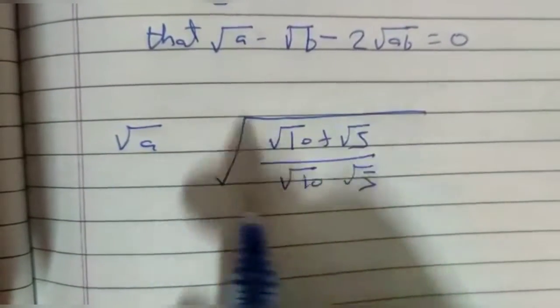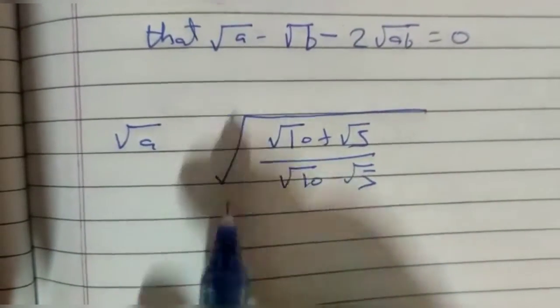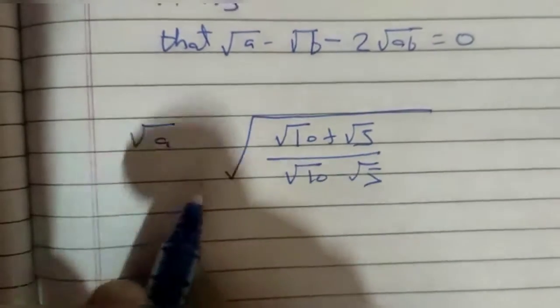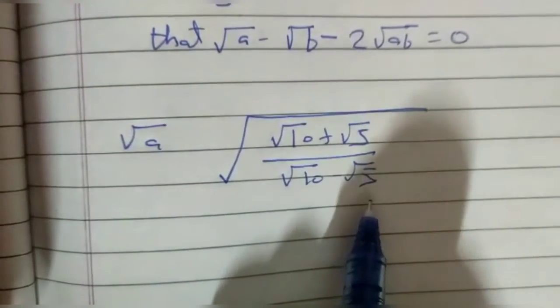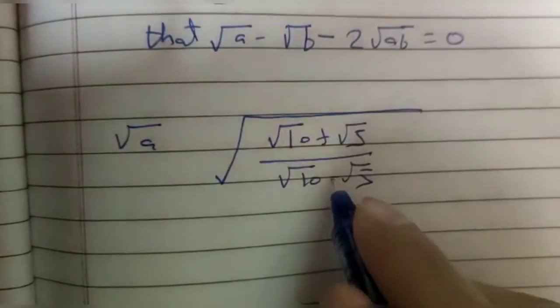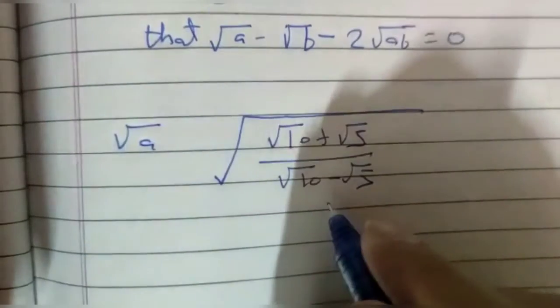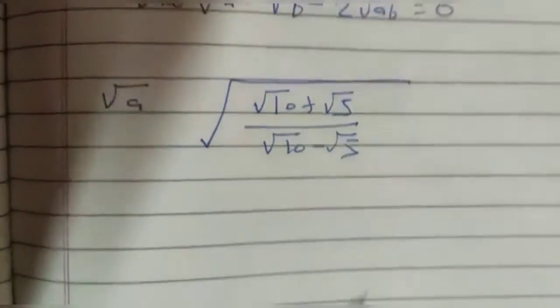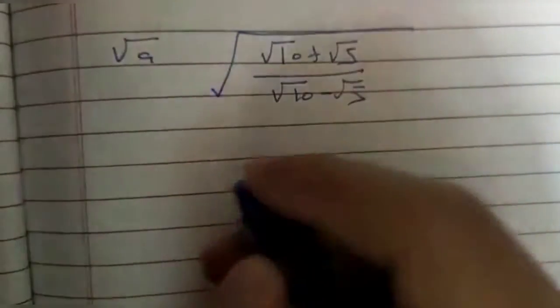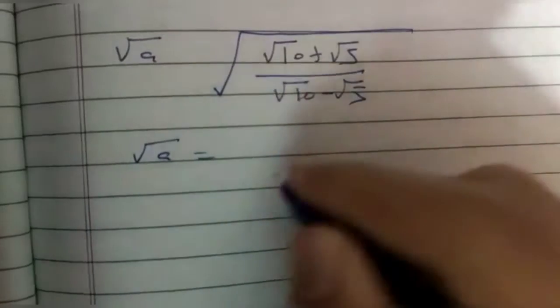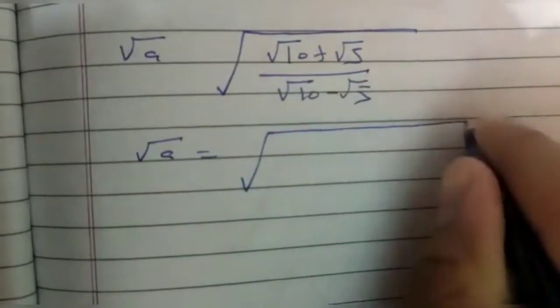Okay, I put the value of root a here. Now I will rationalize its denominator so that I make it rational. The denominator is to be rational. So let us move towards the calculation.